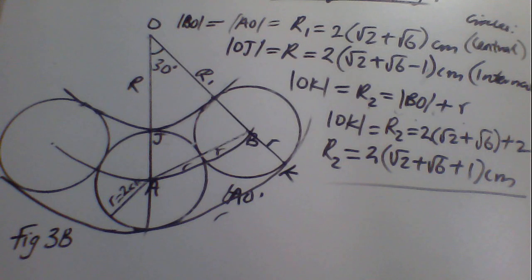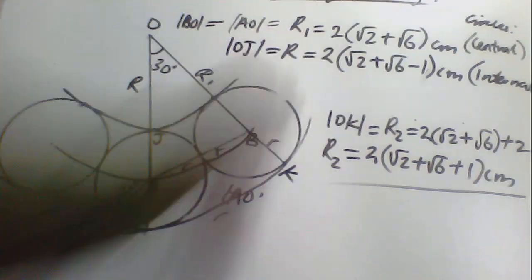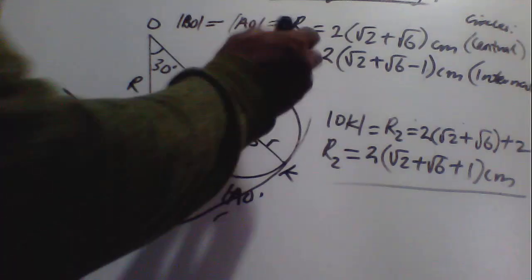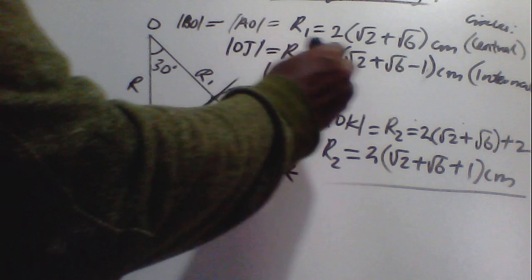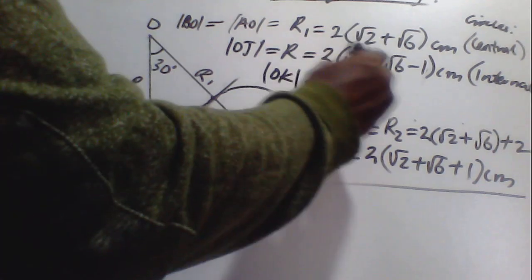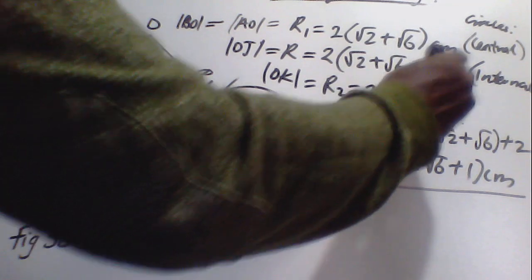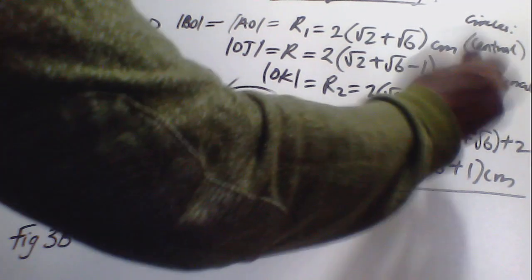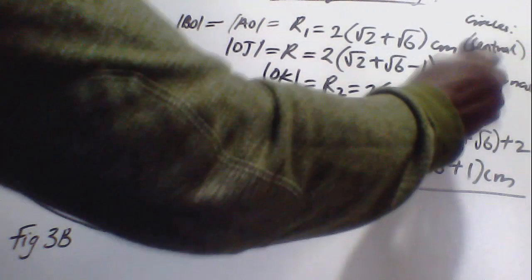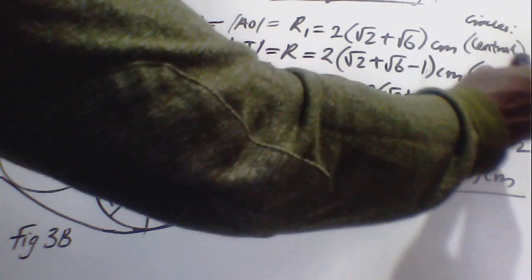So this is the radius of the external circle. So we write OK is equal to R2, which gives us 2(√2 + √6) + 1 cm. This is for the external circle.